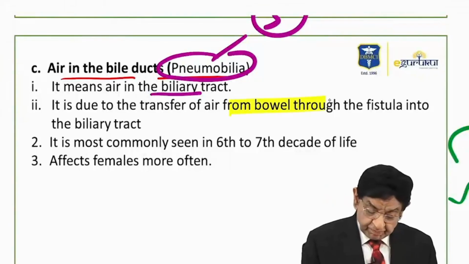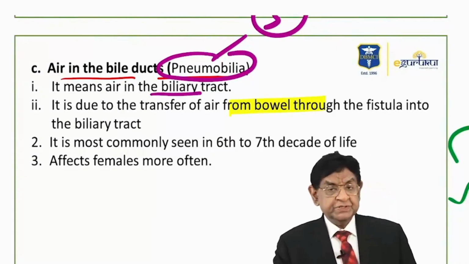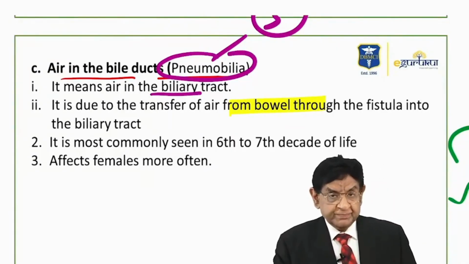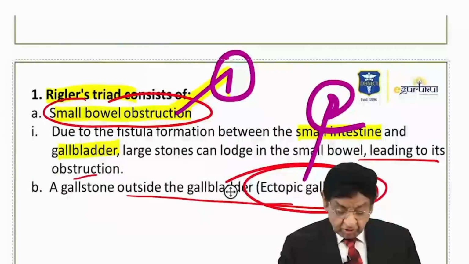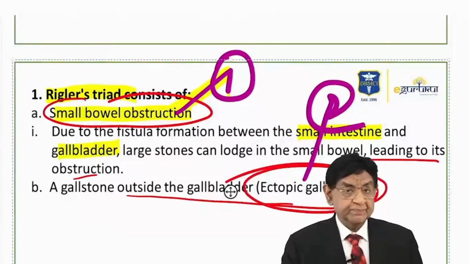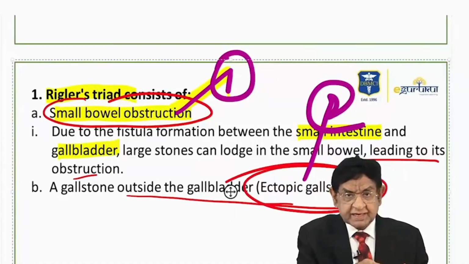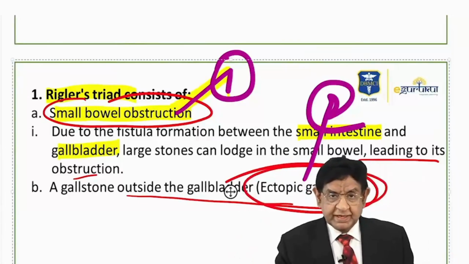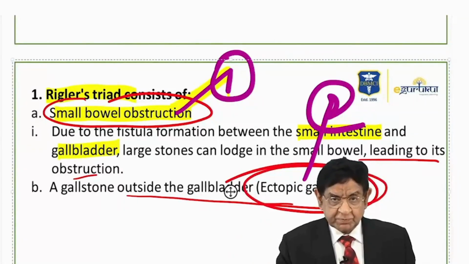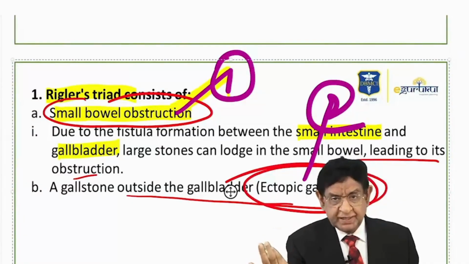So air goes from the bowel into the biliary tract. Okay, so friends, the first one is small bowel obstruction because of the gallstone going into the small intestine. A fistula is made, so the stone can come into the intestine and air can go up, very simple. The stone coming down will create obstruction, and air going into the gallbladder will create pneumobilia.